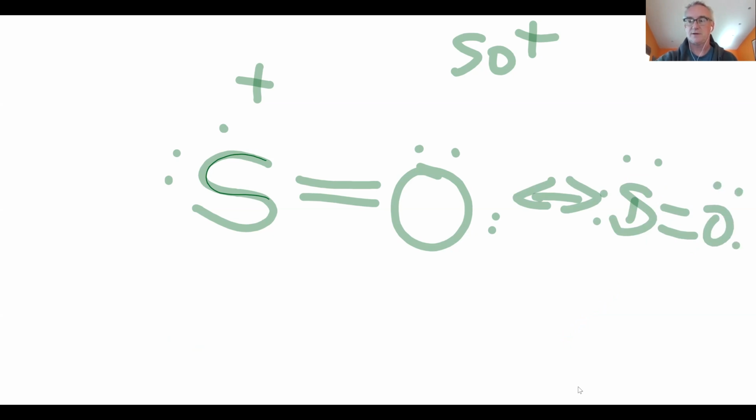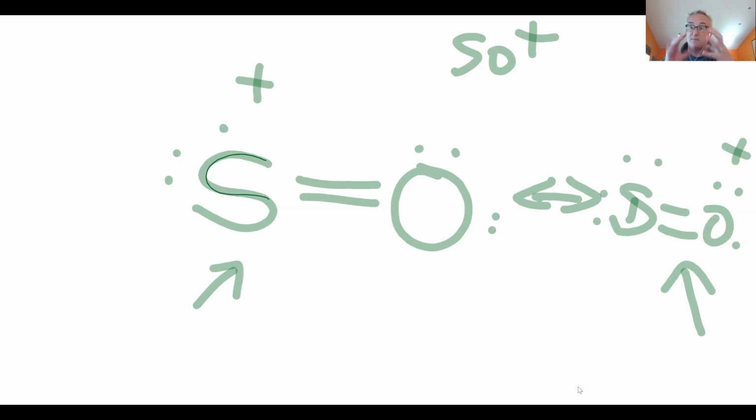So the oxygen was plus. So each of these is possible. This one is a little more likely than the second one because oxygen is more electronegative than sulfur is. But you can make a case for each of them being present.